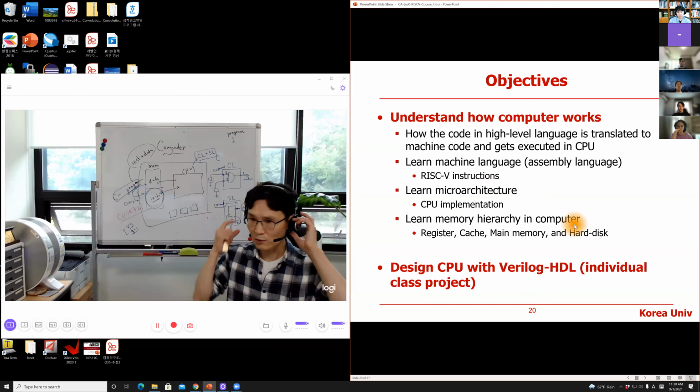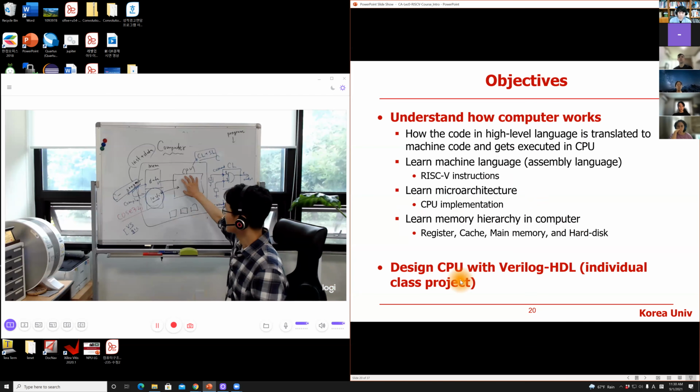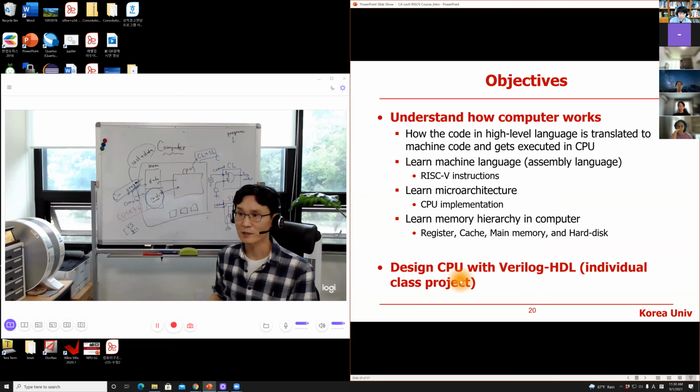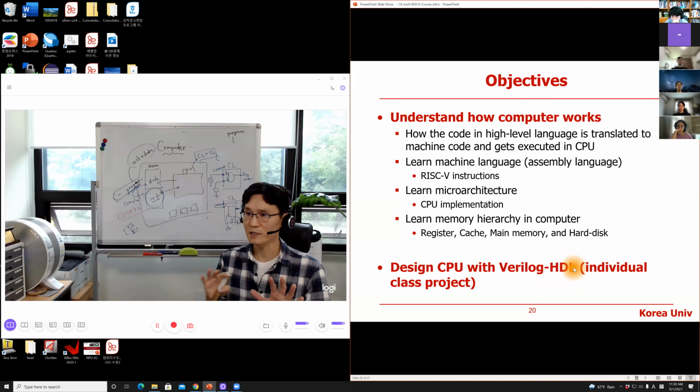And you have a class project in this class. The class project is to design a RISC-V CPU using a language, and that language is called Verilog HDL. HDL means hardware description language. It is describing what? Hardware. Using this language, you can describe hardware.